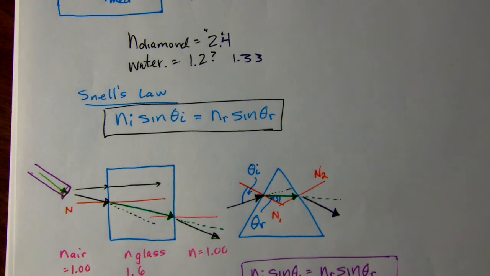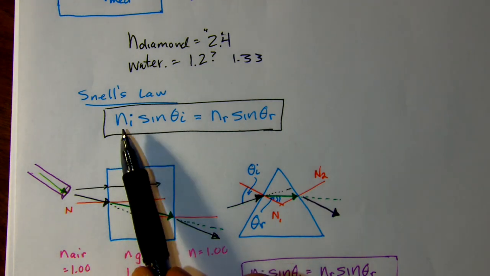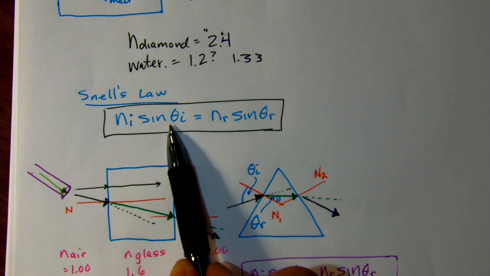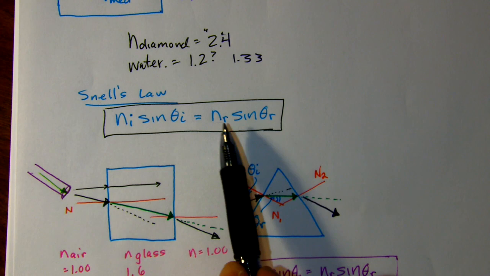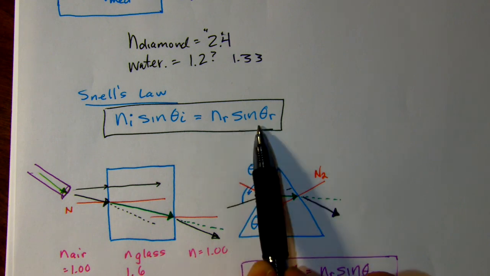There's a concept called Snell's law, and it says the index of refraction for the incident medium times its incident angle is equal to the index of refraction for the refracted light times its refracted angle.